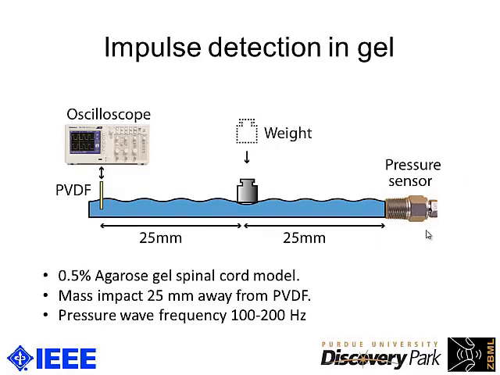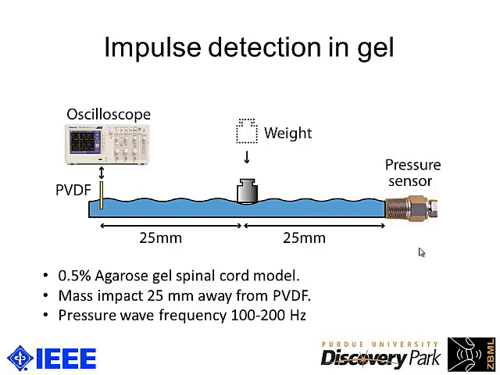We wanted to characterize the PVDF, see how well it worked in comparison to other pressure sensors and other data that has all previously been gathered. So we used agarose gel 0.5% as a model for the spinal cord, dropped weights, and measured the pressure at one end while measuring the voltage output from our sensor on the other end.